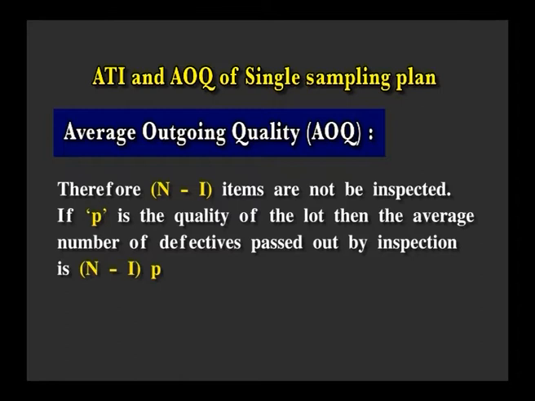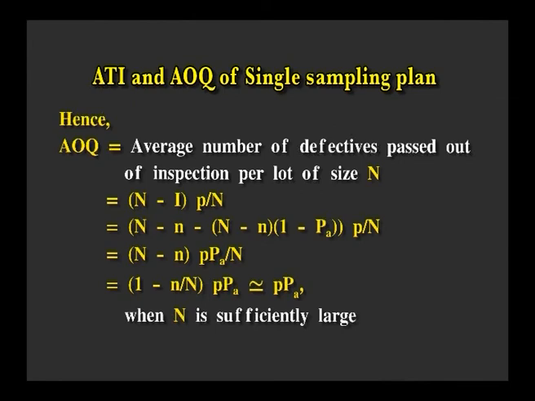If p is the quality of the lot, then the average number of defectives passed out of the inspection is capital N minus I into p. Hence, average outgoing quality is given by the average number of defectives passed out of the inspection per lot of size capital N, that is given by capital N minus I into p divided by capital N.